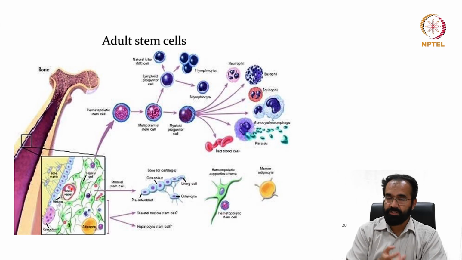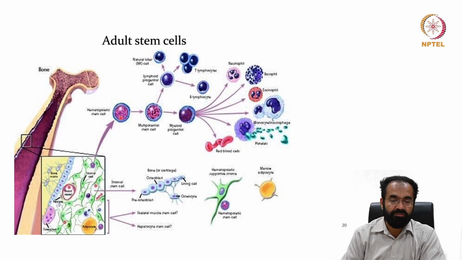So RBC have their own lineage, there is a lymphoid lineage and a myeloid lineage of cells, and they give rise to different cell types. You can see hematopoietic stem cells give rise to a multipotential stem cell that is able to give rise to lymphoid progenitor cells, which give rise to natural killer cells, T lymphocytes, and B lymphocytes.